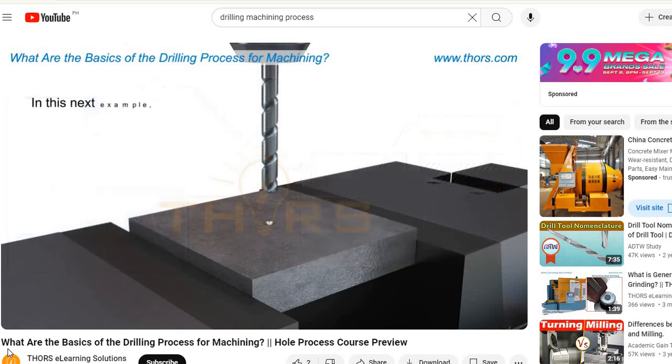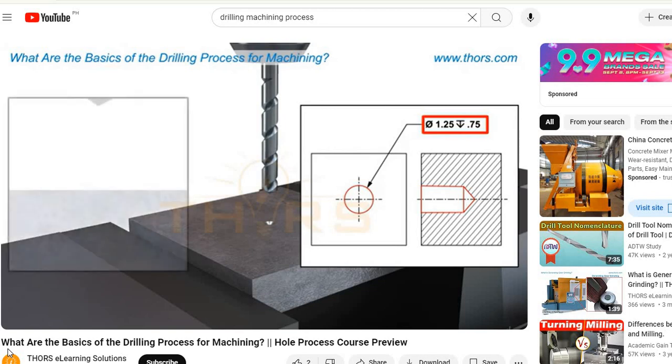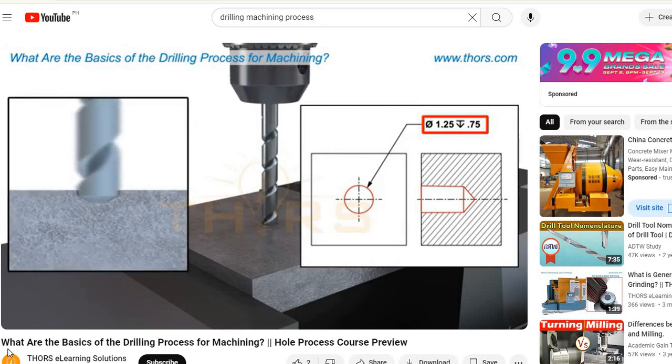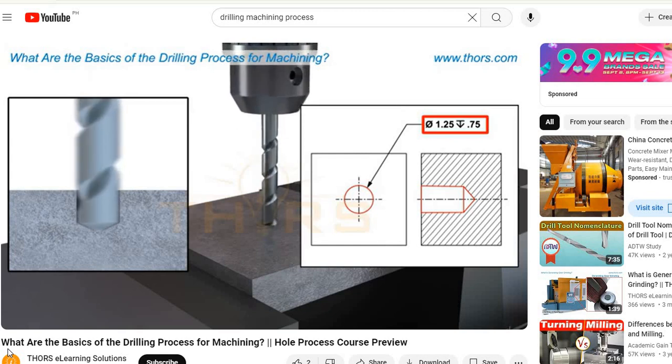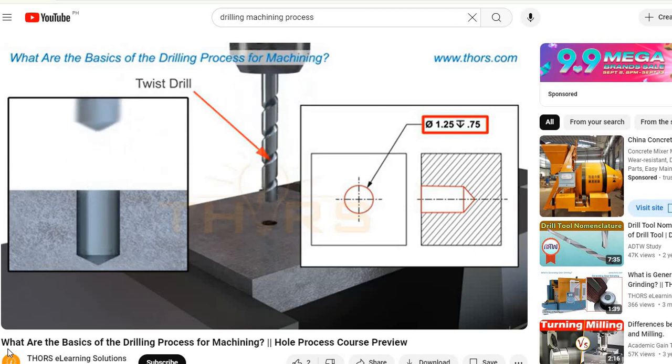In this next example, a blind hole is required, which also follows a starter hole. The engineering drawing requirement shows a 1.25-inch blind hole that is 750 thousandths of an inch deep. The tool used to drill this blind hole is a twist drill of the required diameter, which is programmed to drill to the specified depth.